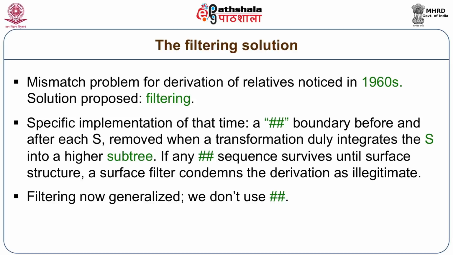This gives you the result that at the end of the day, when you're looking at the surface structure, the detector of bad gadgetry will notice that there are these undeleted sentence boundaries sitting inside the matrix sentence, and the detector will say, sorry, there is illegitimate material here, this is a bad surface structure, therefore we are filtering out the derivation, we are condemning the derivation. That is how the filtering proposal was first formulated.